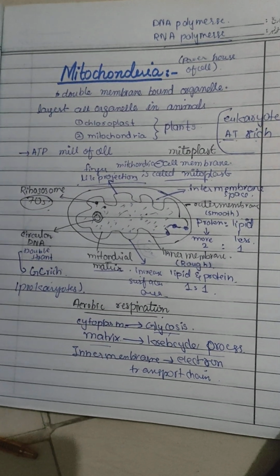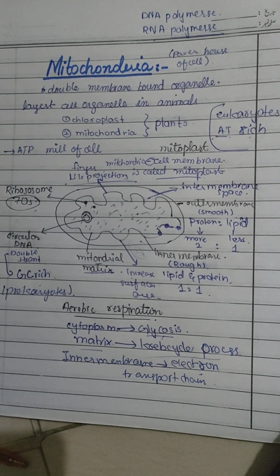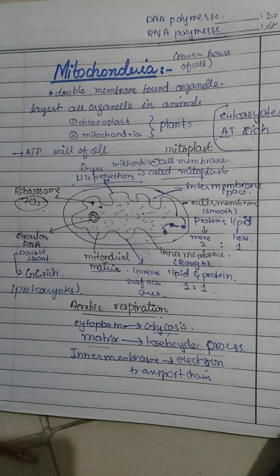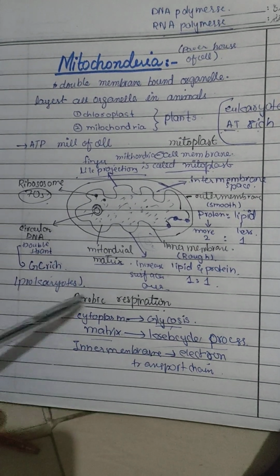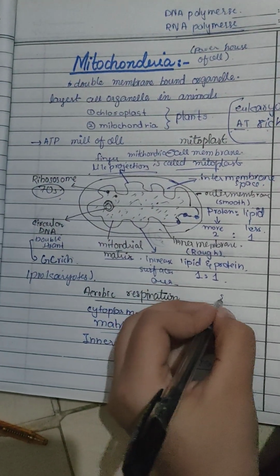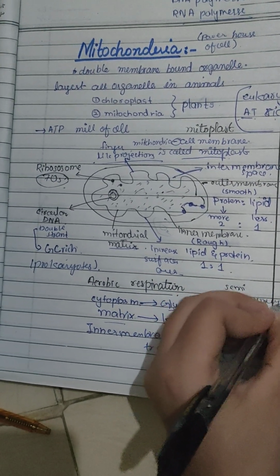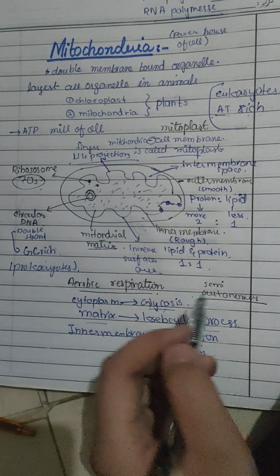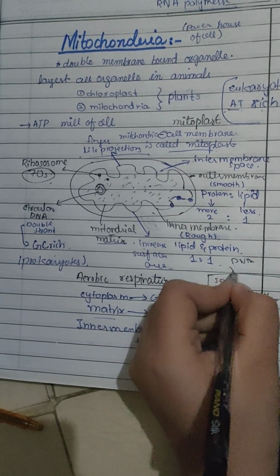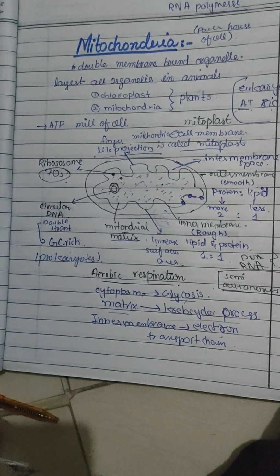Mitochondria is independent. Mitochondria do not depend on anyone, but sometimes it depends on nucleus and cytoplasm, because glycolysis occurs in cytoplasm, and from nucleus there are some proteins which are helpful in the mitochondria processes. So that's why mitochondria is basically semi autonomous. Now what does semi autonomous mean? It does not depend on anything because it has its own DNA, own RNA, own protein synthesis, own ribosome, and so on.